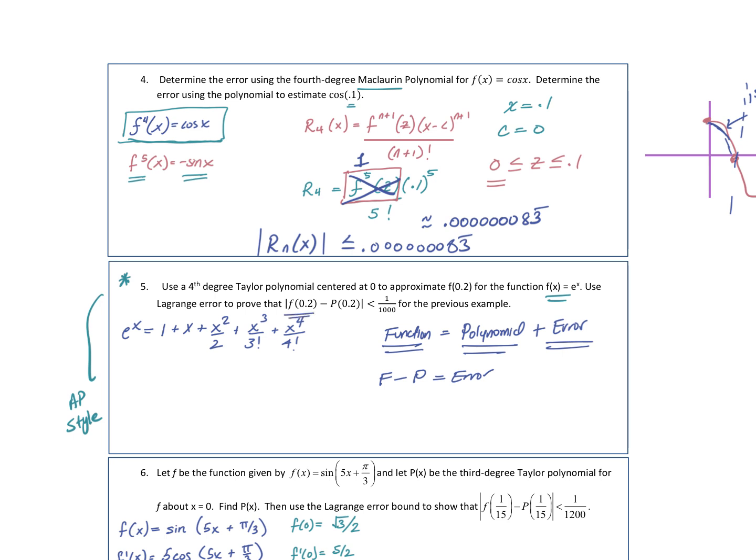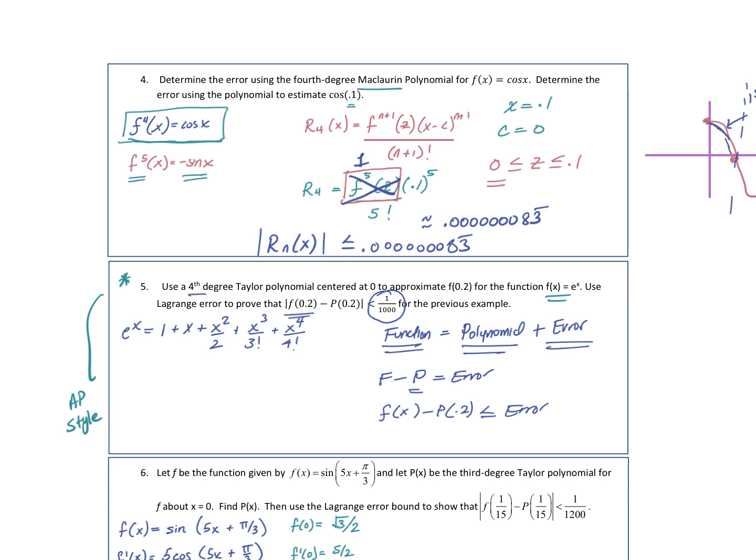That's all that this is saying. The function at some x value, so f of x, minus the polynomial by plugging in that x value, so p of 0.2, is less than or equal to my error. So that's all that this is asking for, is to show that the error is less than 1 over 1,000. So let's go ahead and do the error.